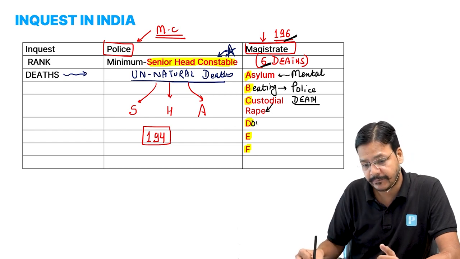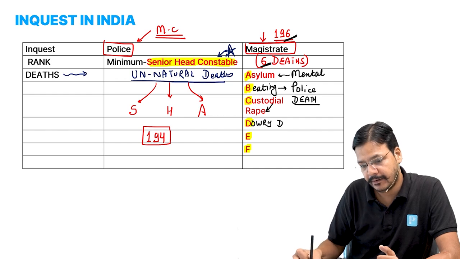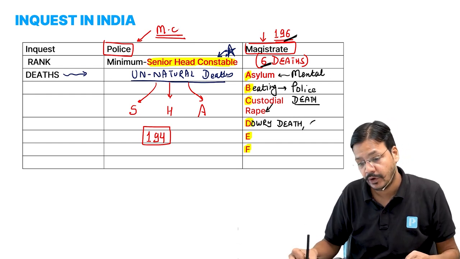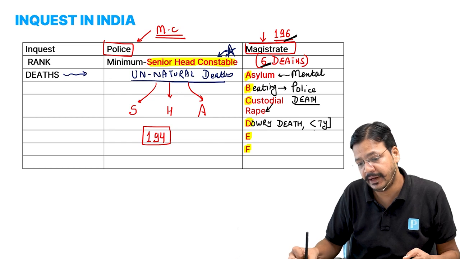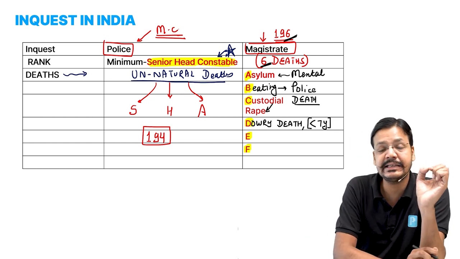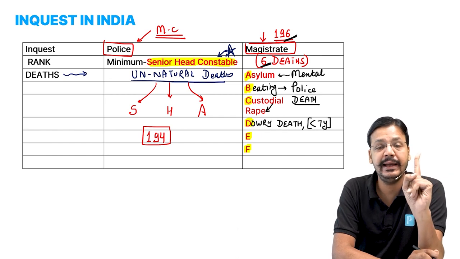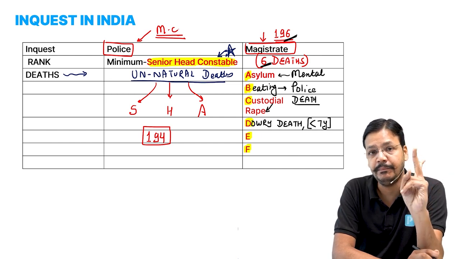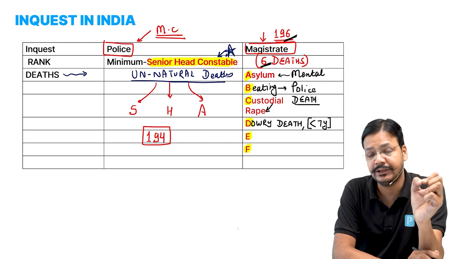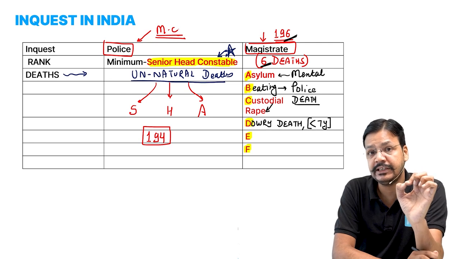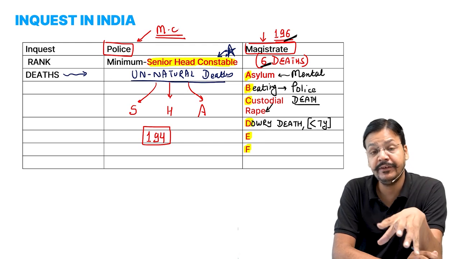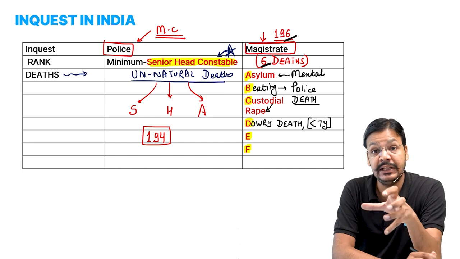Number 4 death, D, is dowry death, or any married woman who dies within 7 years of her marriage. A, mental asylum death. B, police beating death. C, custodial death or custodial rape. D, dowry death, or any married woman dying within 7 years of her marriage. It's very important: even if it's a natural death within 7 years of her marriage, it will be a magistrate inquest.